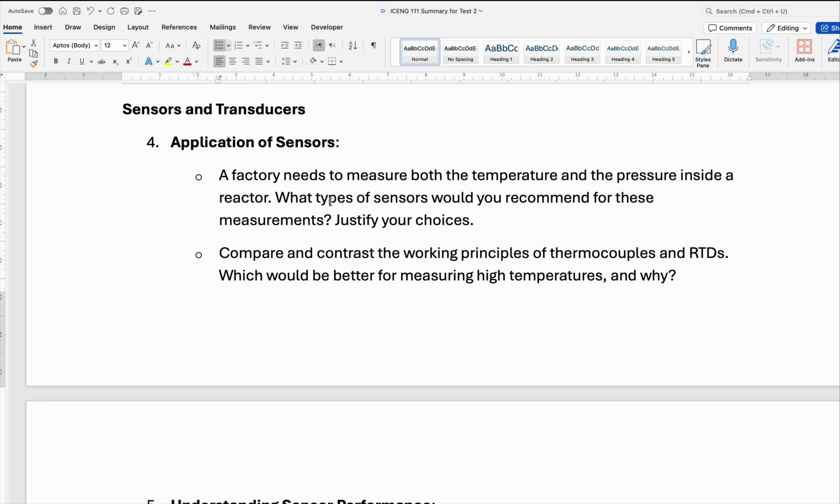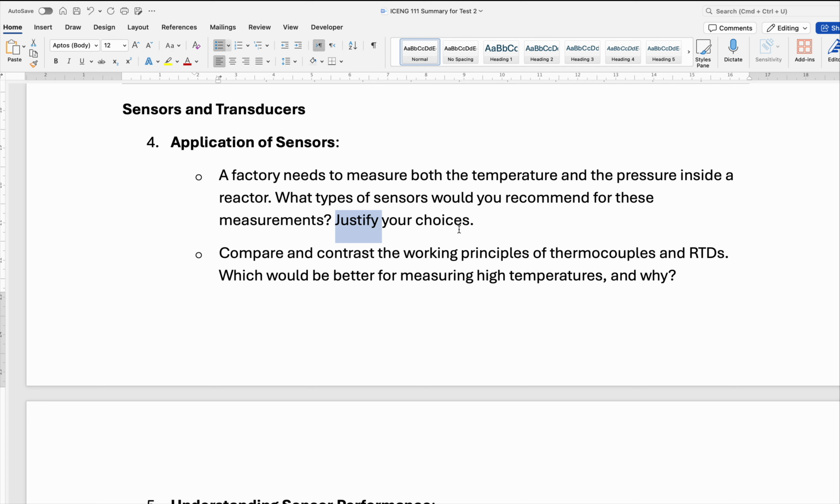Now, I usually ask you to explain, for example, the piezoelectric sensor for the level. Here I'm telling you what type of sensor would you recommend. In this case, you need some kind of critical thinking and say that I need a temperature sensor and a pressure sensor. Which type of sensor can I use and how can I justify my choices?